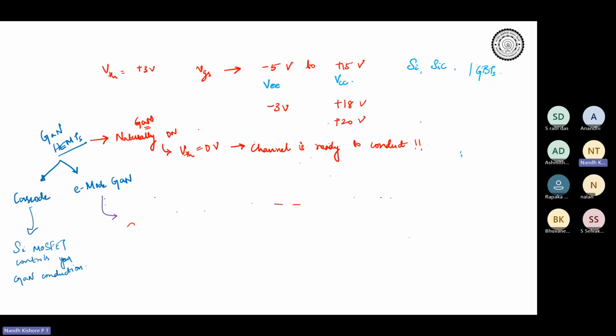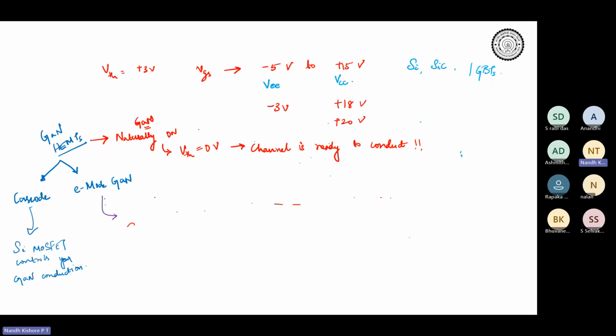So we will go back into a bit of device physics over here. You have N-channel devices and P-channel devices, correct? And during conduction, when the channel has completely formed, there is no depletion region in between, so there is a free path for the charge carriers to conduct.